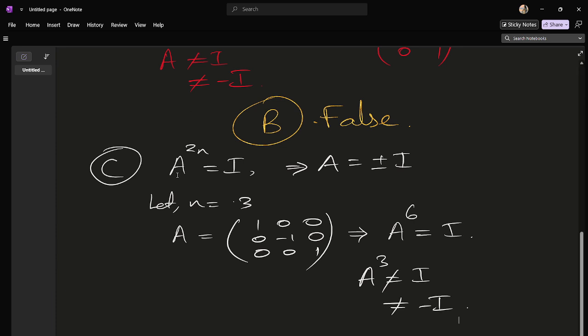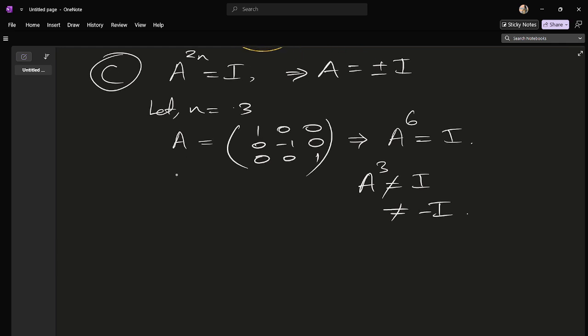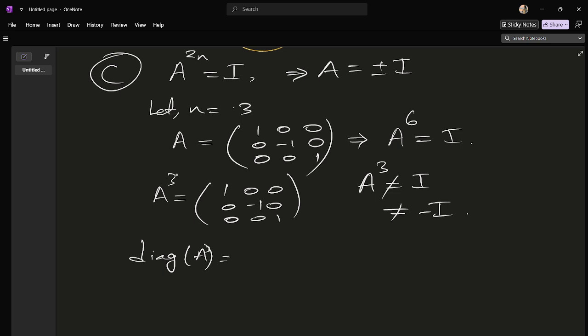You can calculate it, it's very easy, because for a diagonal matrix the diagonal terms of A cube will be the cubes of the diagonal terms. 1 cube is 1 and minus 1 cube is minus 1, and 1 cube is 1.